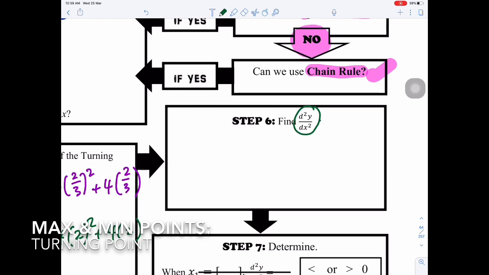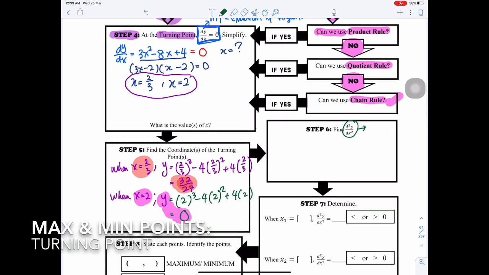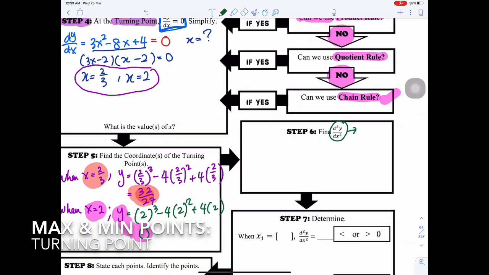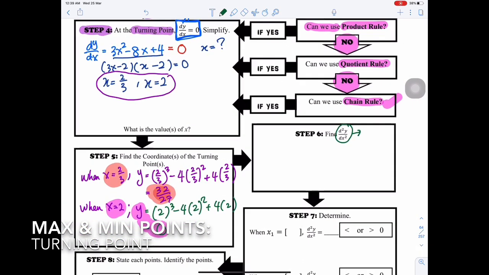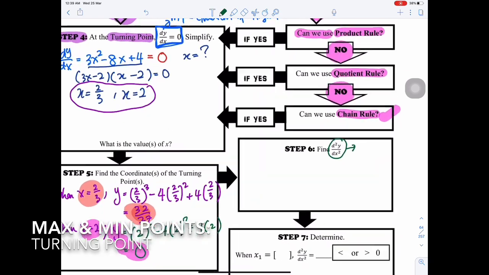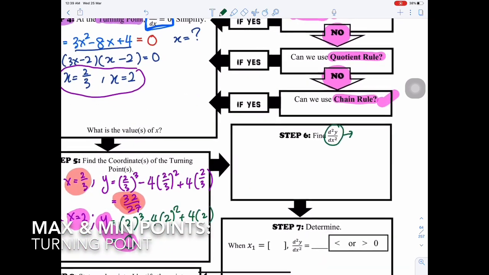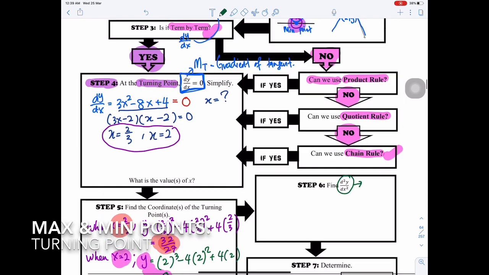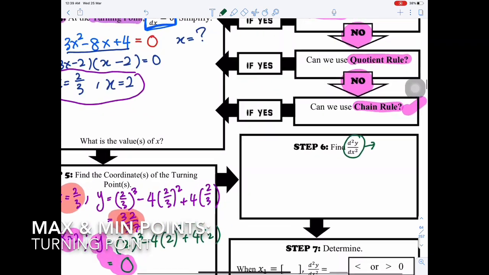What is the usage of the second derivative? The second derivative is to determine whether the turning point is maximum or minimum.